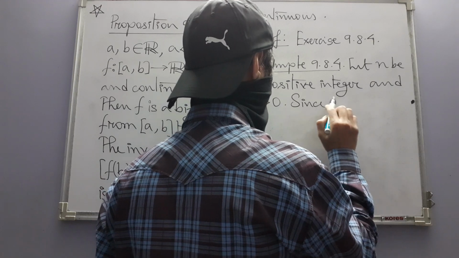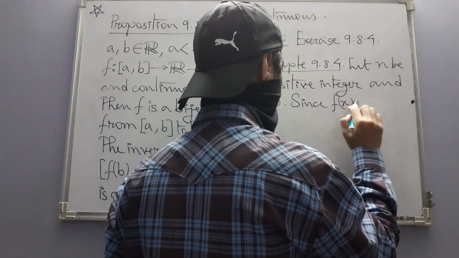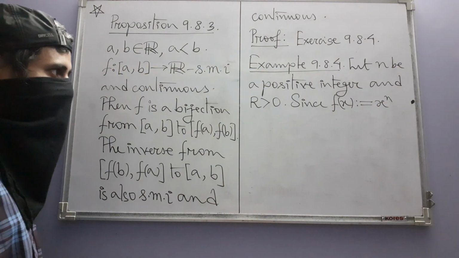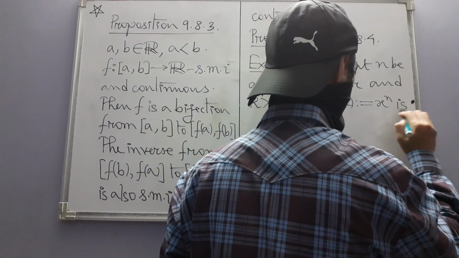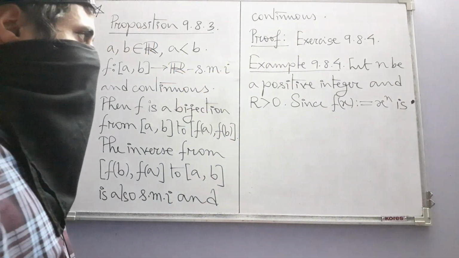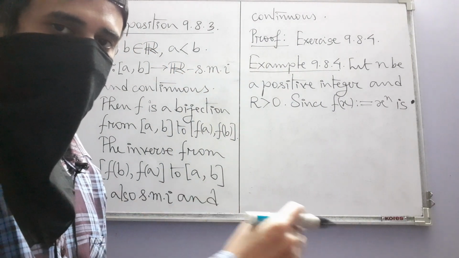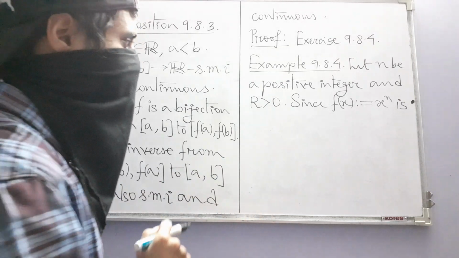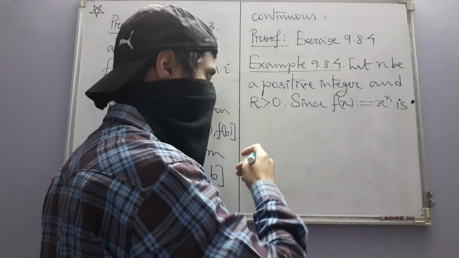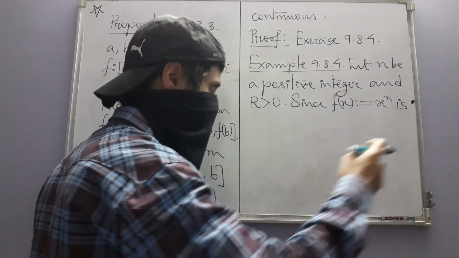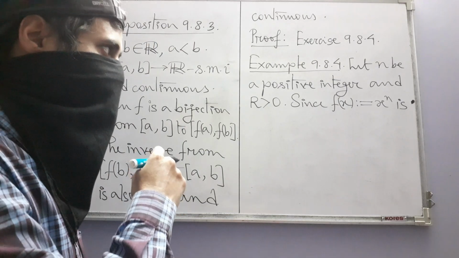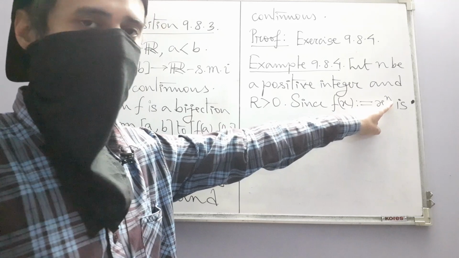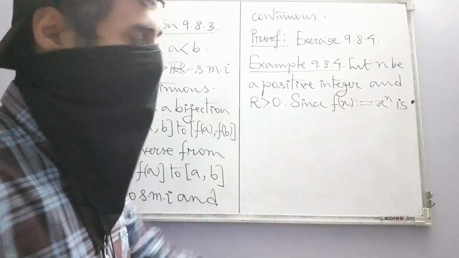Since the function f(x) equal to x to the power n is just like the square, strictly increasing on the positive side of the x-axis, no matter where the domain lies, I mean what the domain is. If it lies on the positive side of the x-axis, then just like the square is strictly monotonically increasing, so is any nth power for any positive integer n.